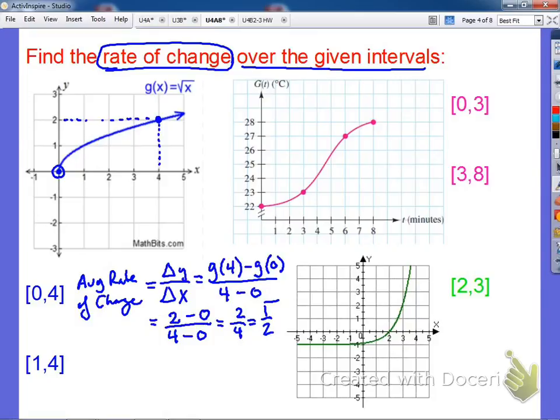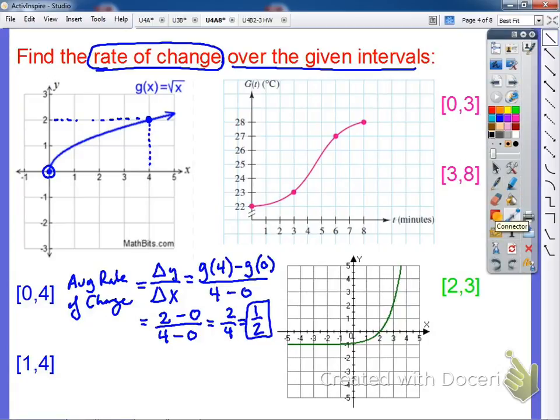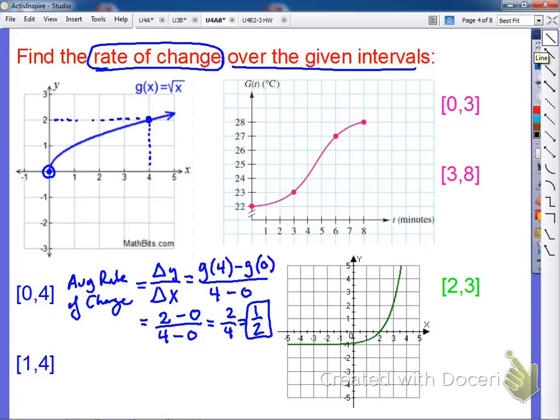So what is the average rate of change between 0 and 4? What is it? I'm sorry, I didn't hear you. 1/2. Okay.